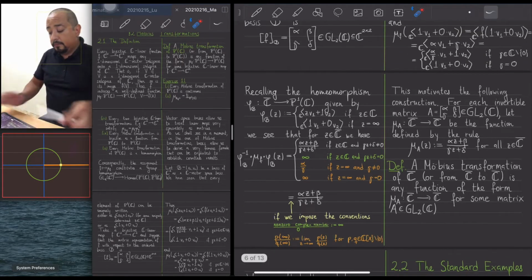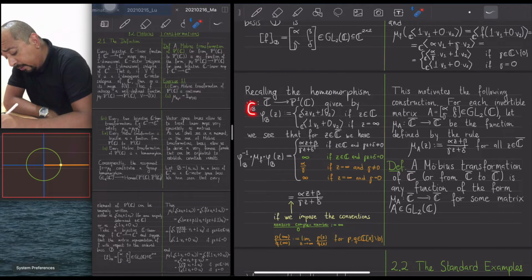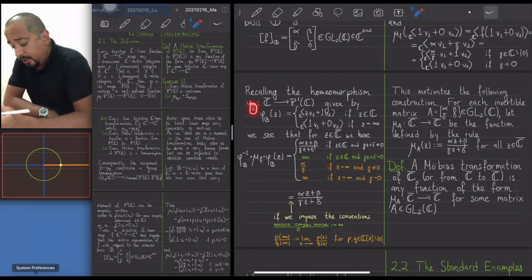Okay, so now the homeomorphism is defined for each basis, right?